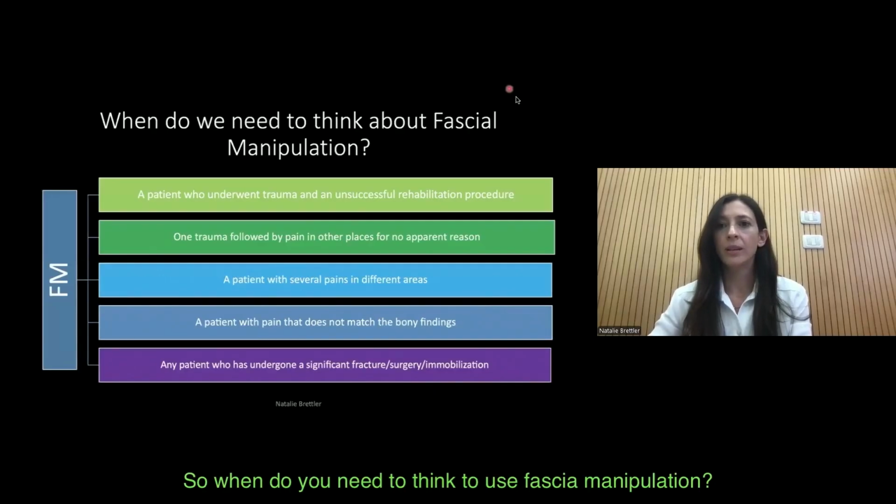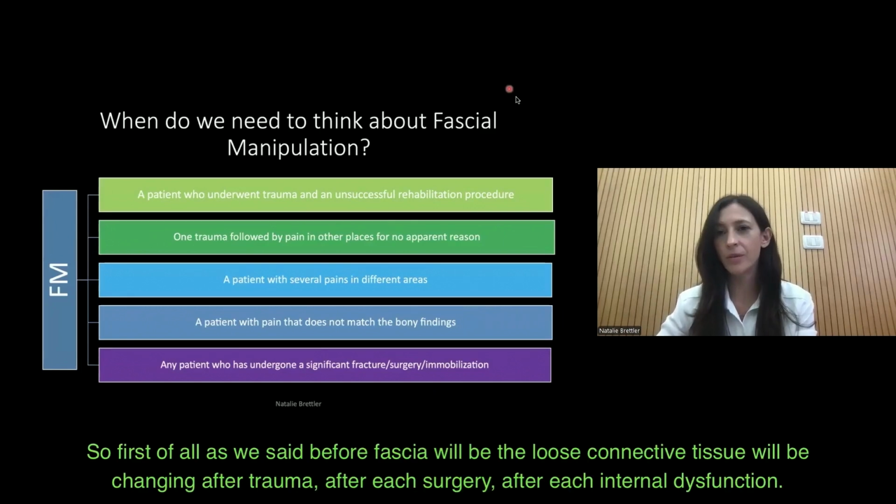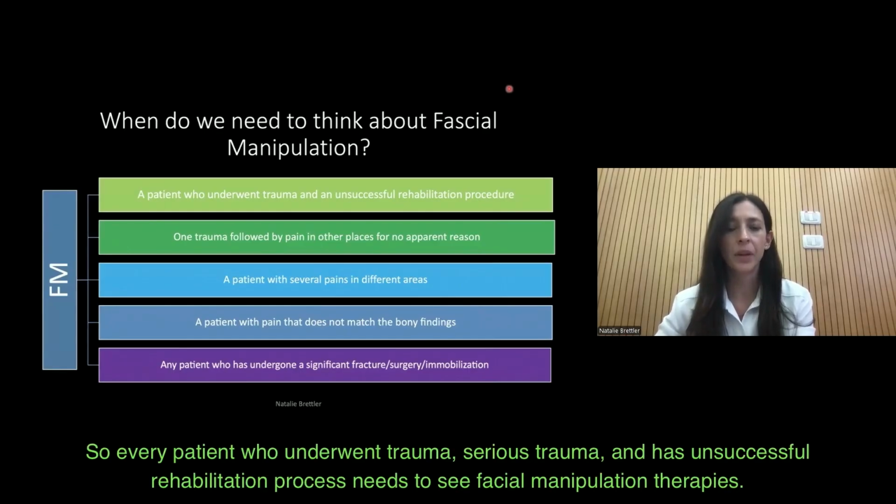So when do you need to think to use fascial manipulation? First of all, as we said before, the fascia, the loose connective tissue, will be changing after trauma, after each surgery, after each internal dysfunction. So every patient who underwent serious trauma and has an unsuccessful rehabilitation process needs to see a fascial manipulation therapist.